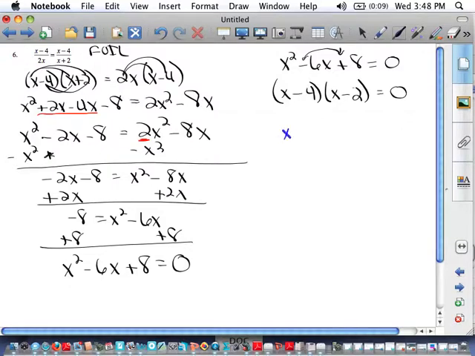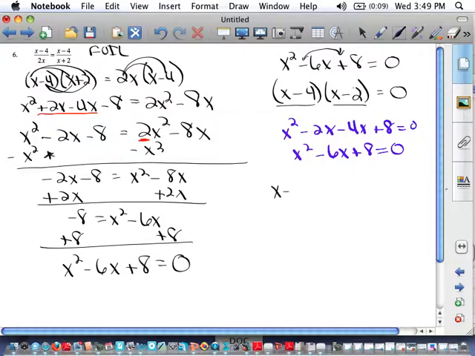So FOIL that back to make sure you have the right factors. So you have x squared minus 2x minus 4x plus 8 equals 0. X squared minus 6x plus 8 equals 0. Yes, those are the correct factors. So now the question is, what values of x make that true?